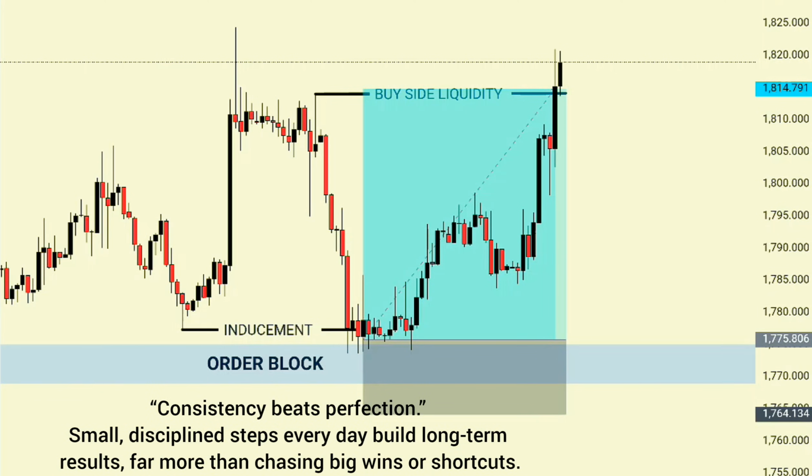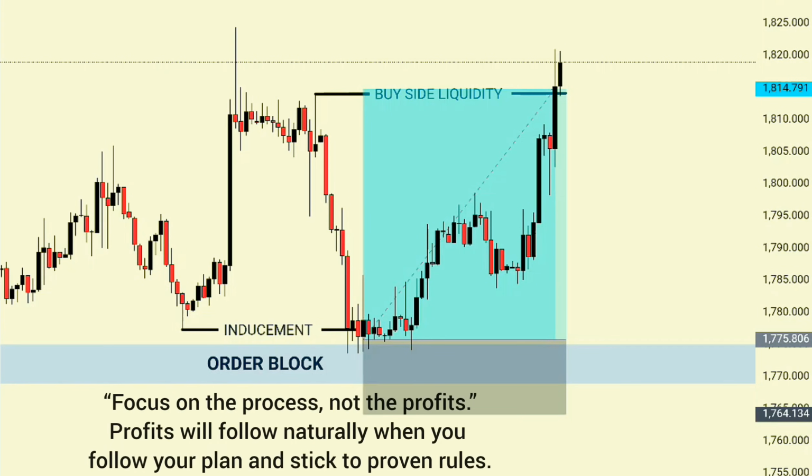Consistency beats perfection. Small, disciplined steps every day build long-term results, far more than chasing big wins or shortcuts. Focus on the process, not the profits. Profits will follow naturally when you follow your plan and stick to proven rules.